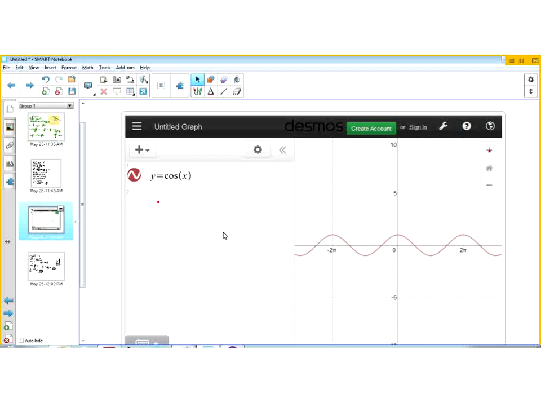So what part of this graph would be one-to-one for cosine, and goes through its full range of outputs? Let's see what we could pick off here. Can we start here? This piece wouldn't work. Can we start at pi halves? Can we start at 0?